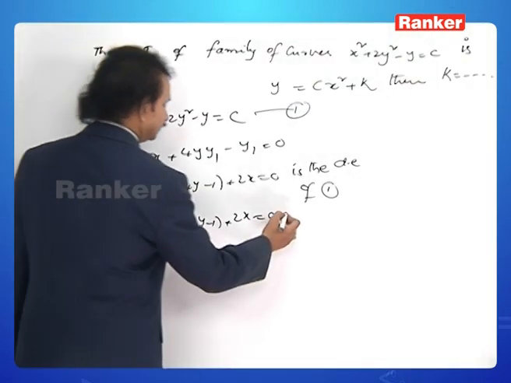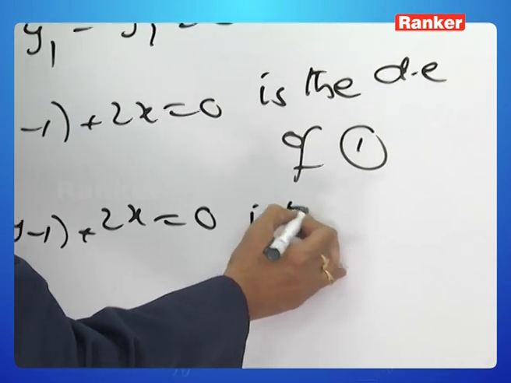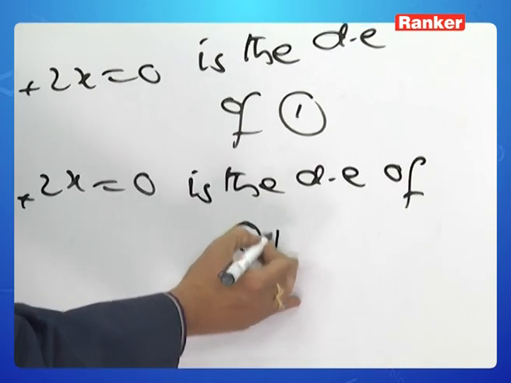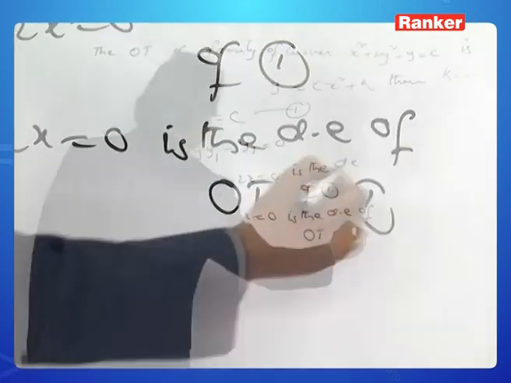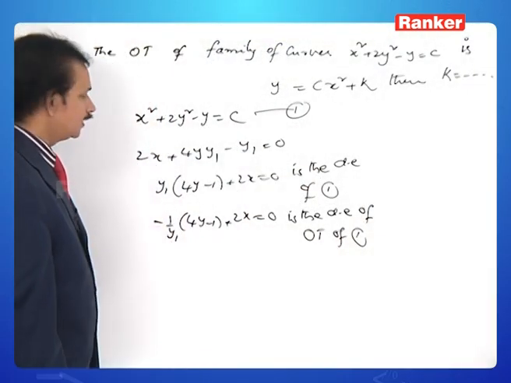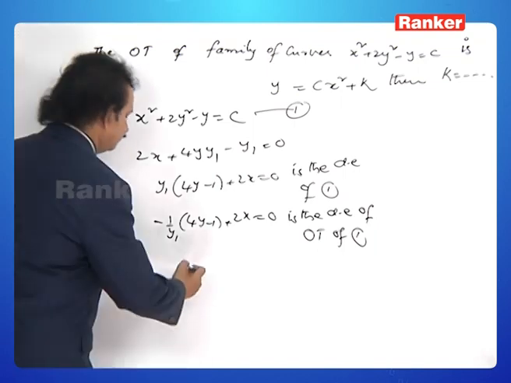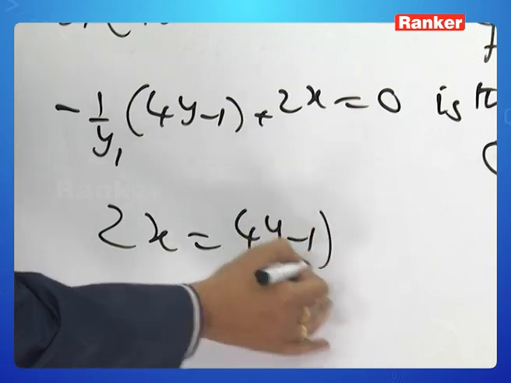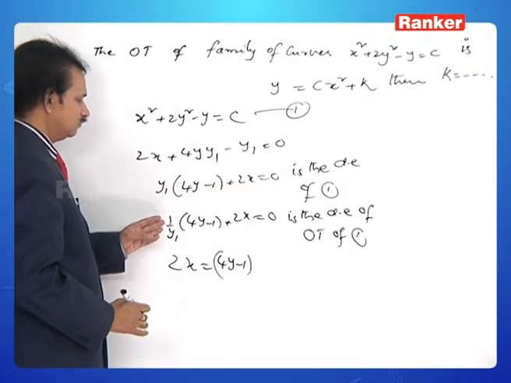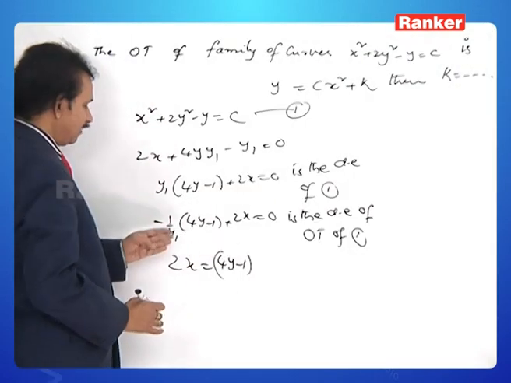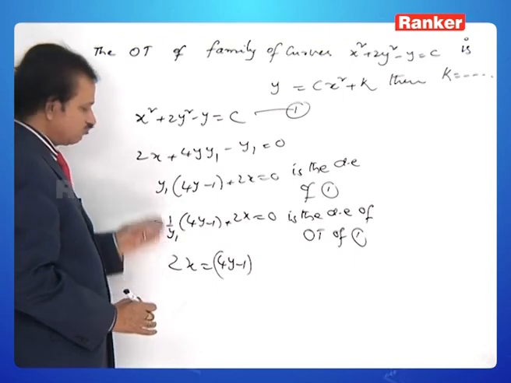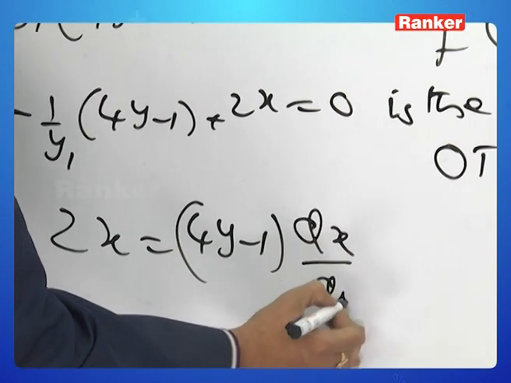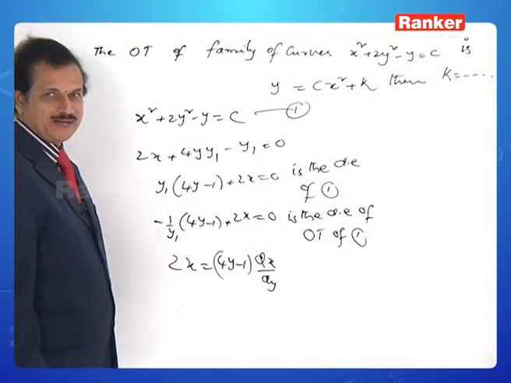This is the DE of the OT of the given family. Therefore, 2x is equal to 4y minus 1 into, this goes that side. y1 is dy by dx, 1 by y1 is dx by dy.